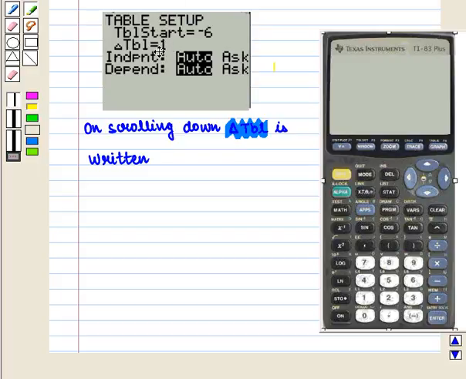If we change it to 2, then values in table will go like 1, 3, 5, that is by increment of 2. Let us leave it as it is, that is we are taking increment of 1, so our values will go like -6, -5, -4, -3 and so on.